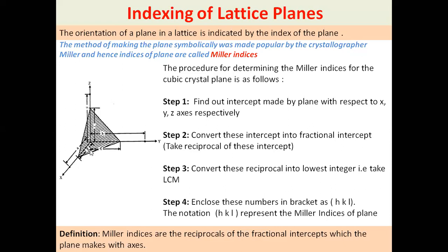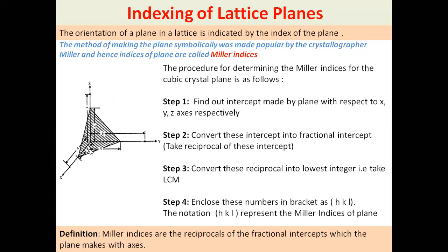For the y direction, the fractional intercept is q by b. For the z direction, the fractional intercept is r by c. So these are the fractional intercepts in the x, y, and z directions.